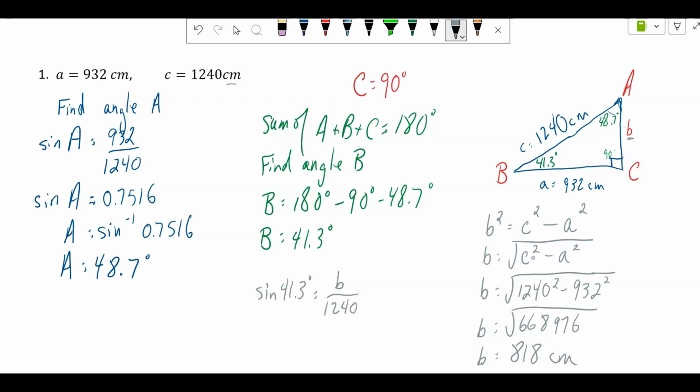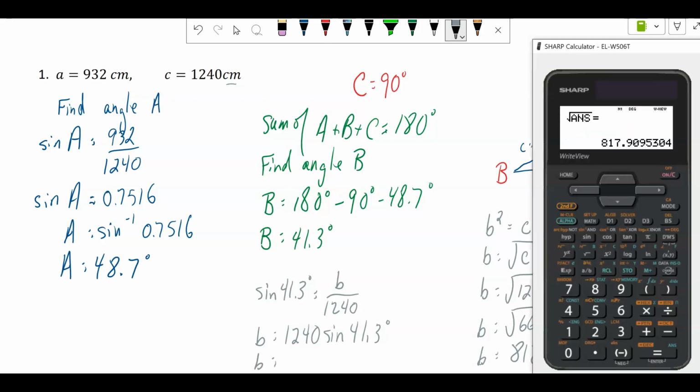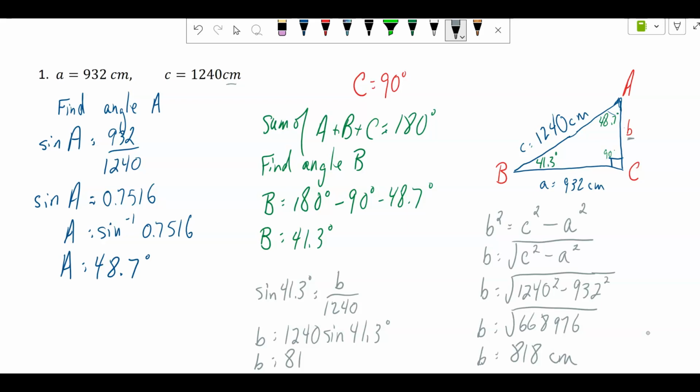So you can solve this also. Solving for B is equal to 1240 times the sine of 41.3 degrees. Let's try that and see how close we get to this number. 1240 sine 41.3 gives 818.4. So still 818.